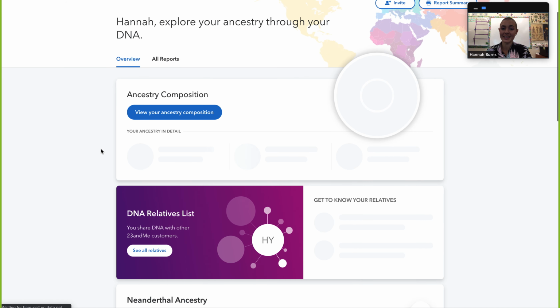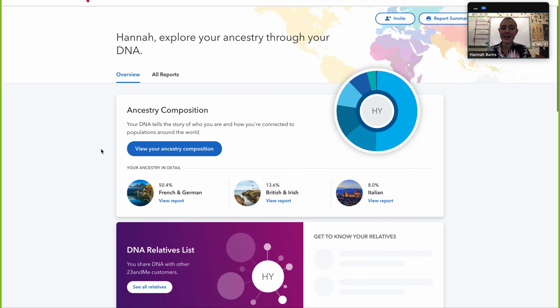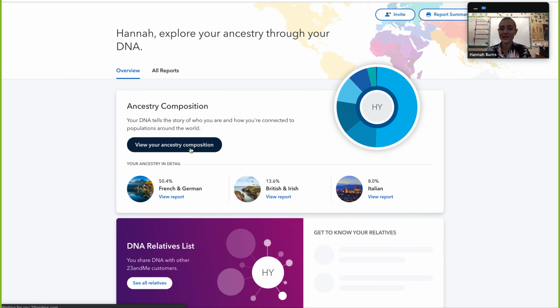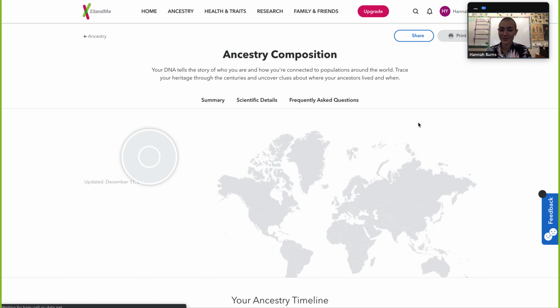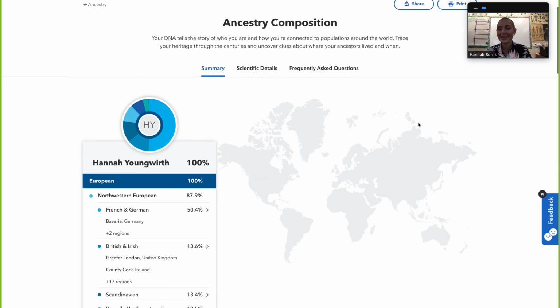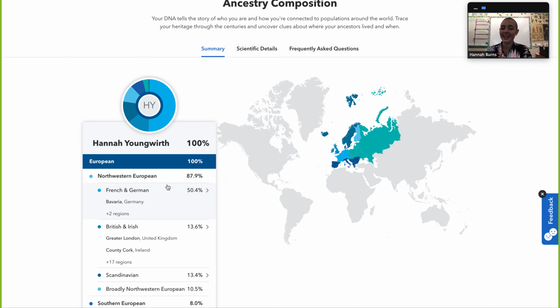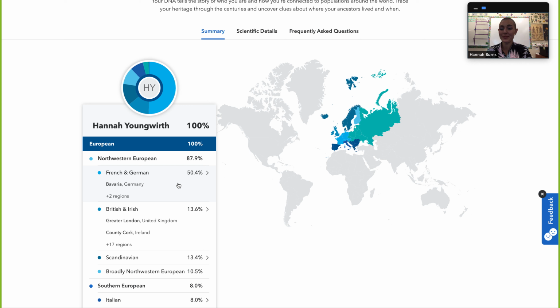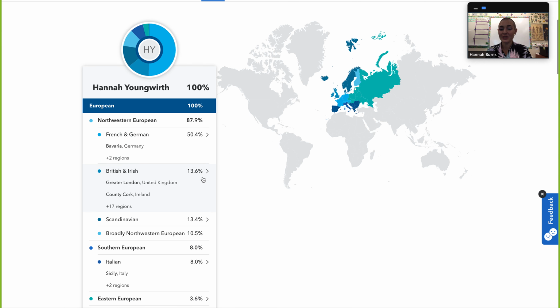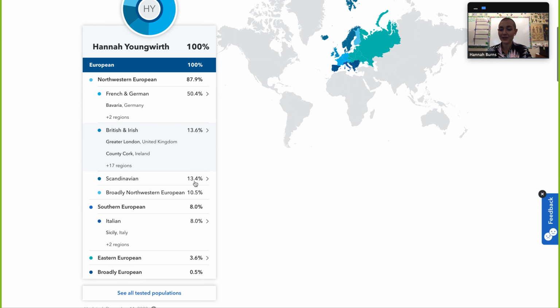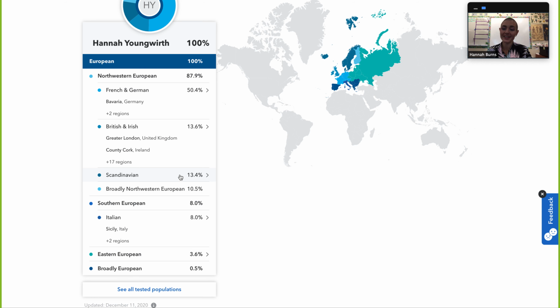So let's go through page by page to see what I learned based off of my DNA. When I look at my ancestry composition, I am primarily French and German, which is really funny because growing up I was always told I'm Italian, Italian, Italian. As you can see here, I'm about 50% French and German, 13.6% British and Irish, 13.4% Scandinavian, and only 8% Italian.